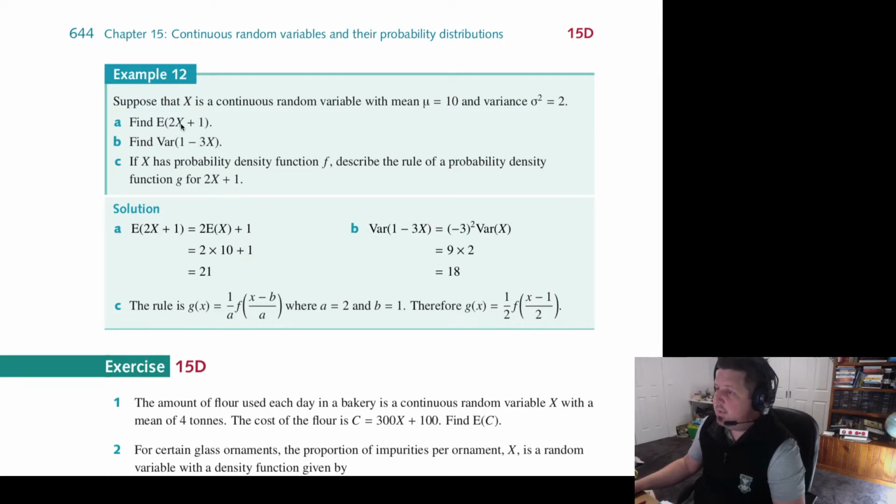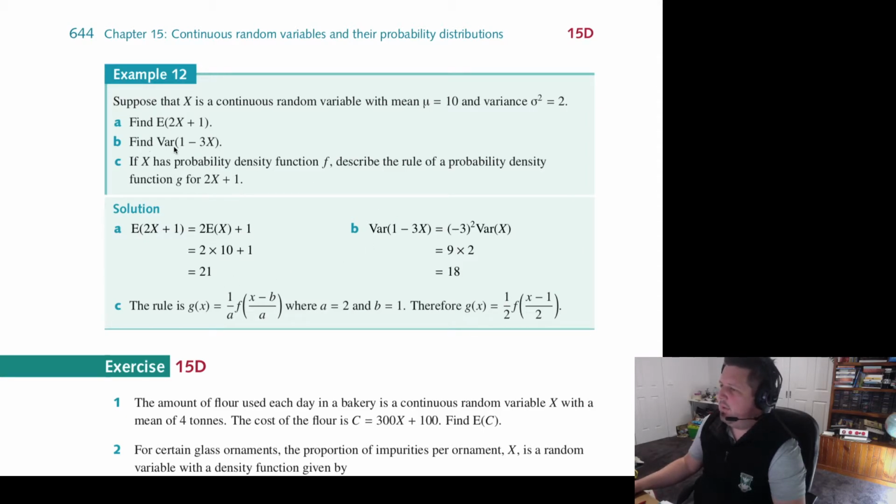So the expected value of this is the same as a times the expected value of x, in this case 2 times the expected value of x, plus that b value. Running the calculation, the expected value of x, or the mean, mu, was 10. So it's 2 times 10 plus 1, which we can calculate as being 21.